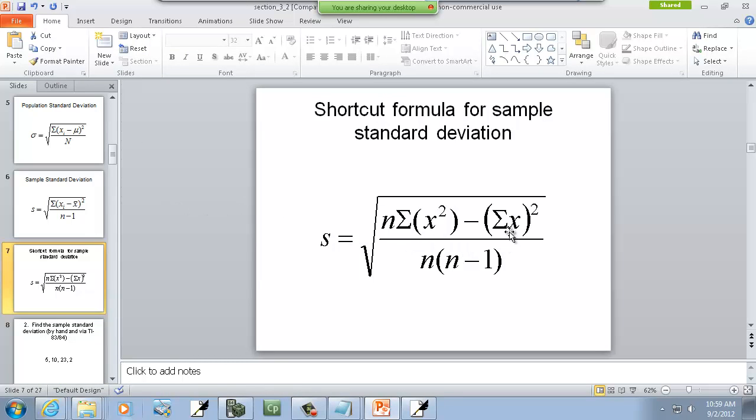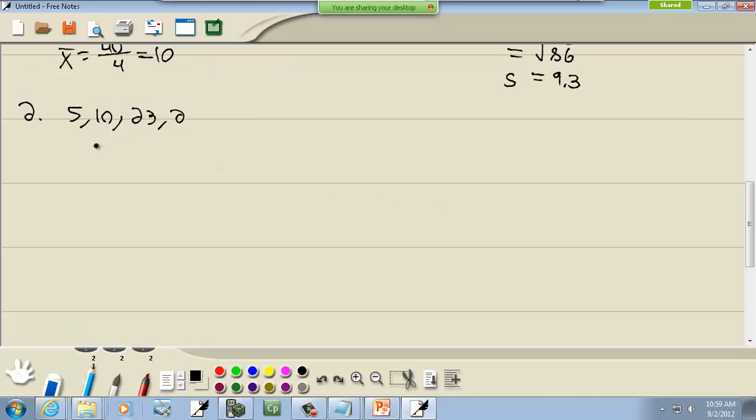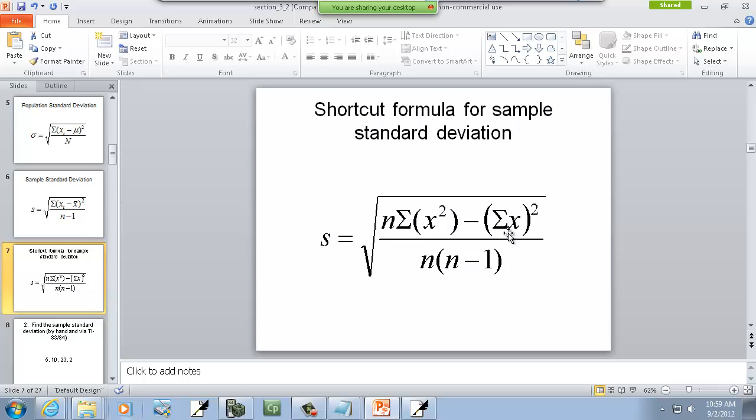To begin with, I see over here we got sigma x, so I want to add together the x values. So let me first put the x values down: 5, 10, 23, and 2. Adding together the x values, and you can drop the sub i, what is that, 40? Now that would handle this piece right here.